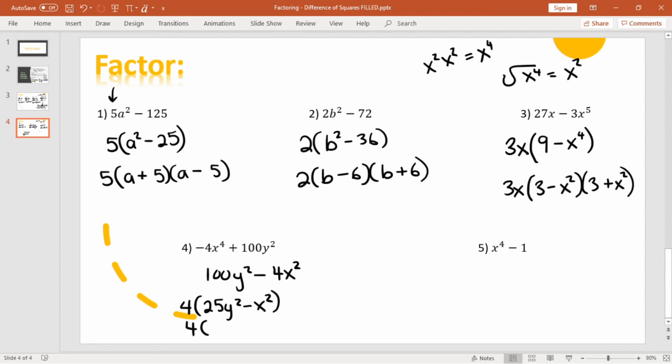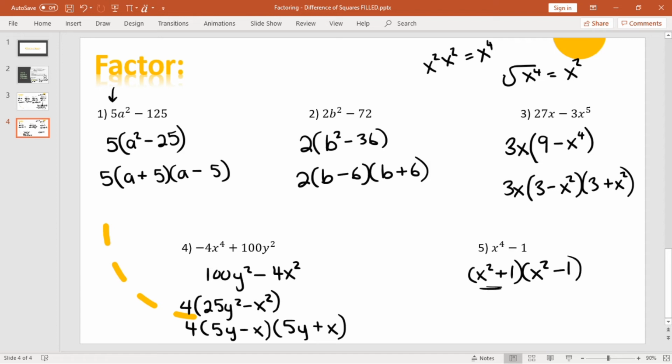The root of 25y squared is 5y. The root of x squared is x. And you just write it down twice with a different sign. And that's a pattern. Looking at number 5, root of x to the 4th is x squared. The root of 1 is always 1. Now be careful, am I finished with this one? My first binomial is done.